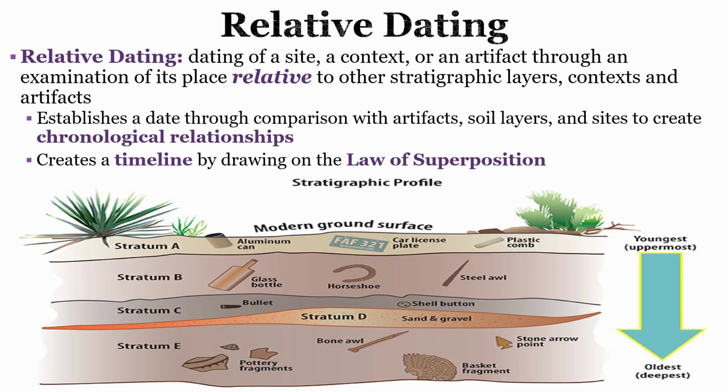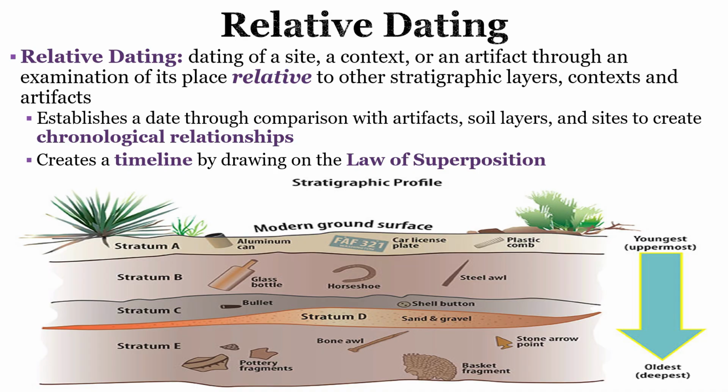So the definition of relative dating is the dating of a site, context, an artifact, its layers, through an examination of its place relative to, or compared to, other layers, contexts, or artifacts. This allows us to establish some sort of idea by creating a chronological relationship, as in something is younger than something else. It is relative, and that's where the name relative dating comes from.